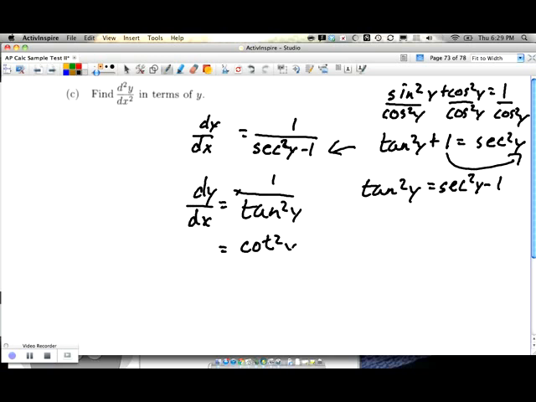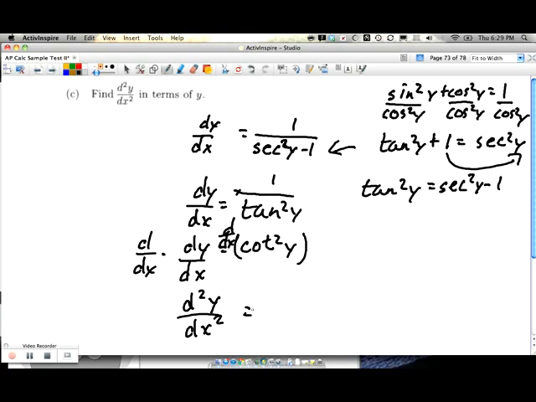Because when we take the derivative of cotangent squared y, we've got to take the derivative of both sides of this. That means that we're going to get d squared y dx squared on this side. And on the right side, it's just the derivative of cotangent squared y. The derivative of tangent is secant squared. The derivative of cotangent is negative cosecant squared y. But then we've got to multiply it by dy dx. So we're going to fill in that original first derivative that we had there.